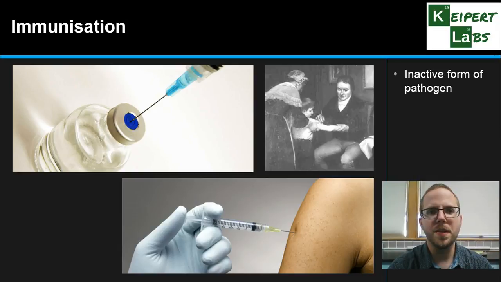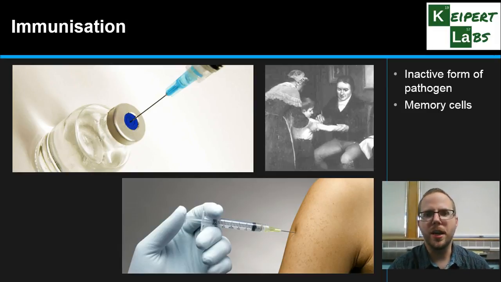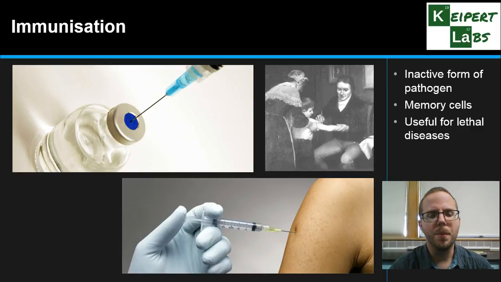The idea being that its presence alone is able to trigger your body's immune response. It's able to form those memory cells. It can recognize those antigens, the markers on the outside of the bacterium or the pathogen that trigger this process. The memory cells are produced so that if you're exposed to the real version in the future, you've got all the same protection mechanisms in place.